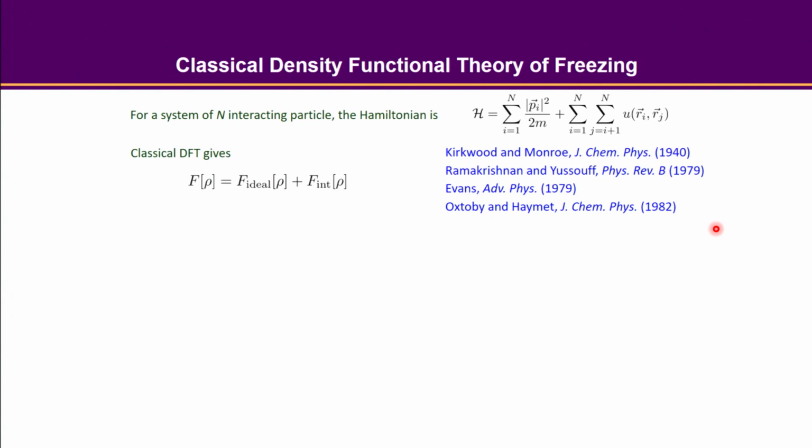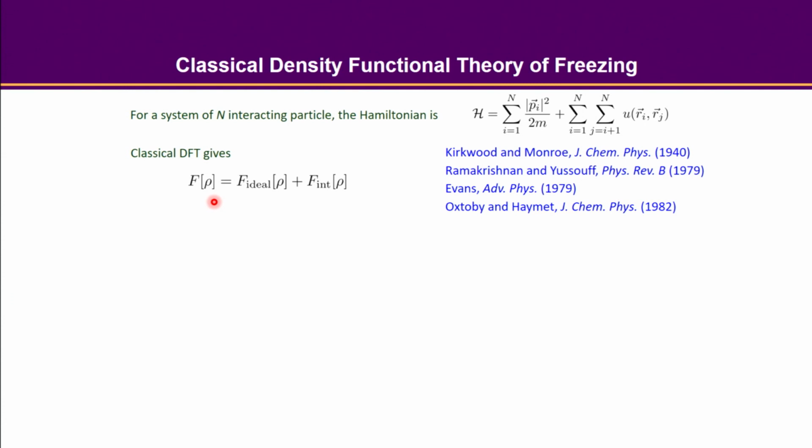the classical density functional theory eventually will give you something like this, right? The total free energy of the system is a functional of the density profile, of course. That's the whole point. If you give me a density profile, I just plug in whatever the functional form is, and it's going to give me a value. So the system is going to favor the density profile that will minimize the free energy, right? This free energy can be separated into two terms, physically.